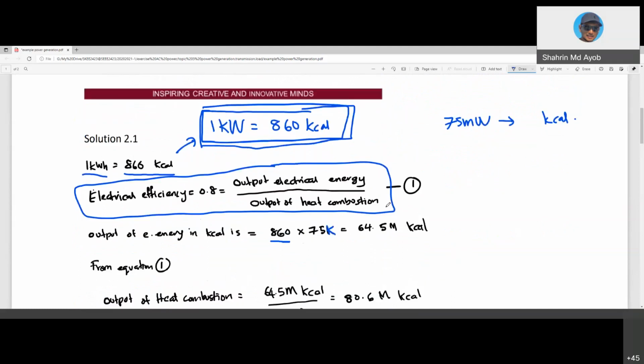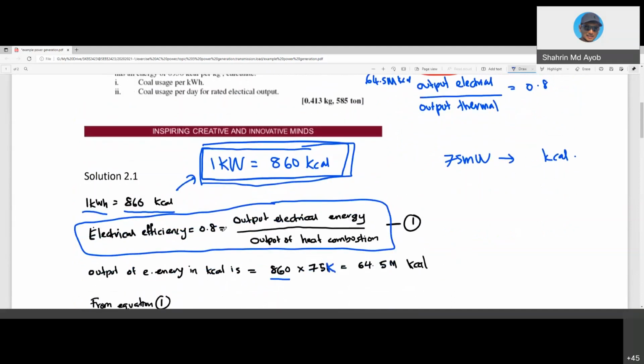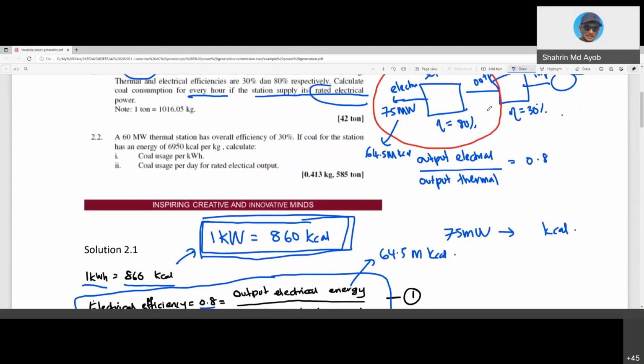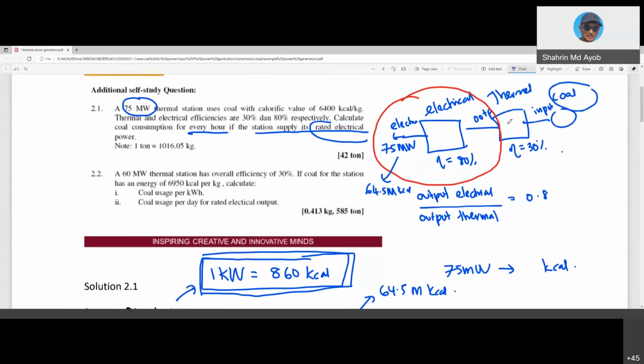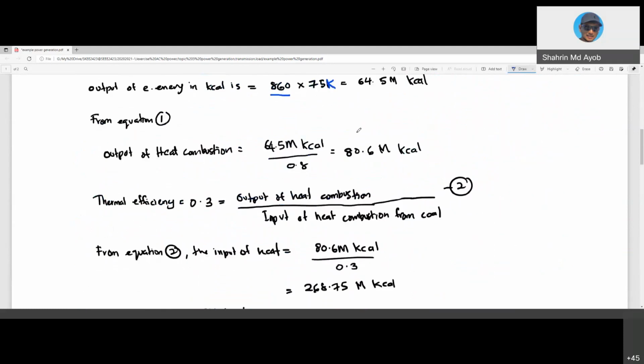Then from that, we use these equations. Okay, 0.8 is equal to output electrical energy, which we have already calculated, 64.5 mega calorie. Then we got 0.8. Then from that we can obtain what is the output from the heat, the thermal conversion here. Okay, so the output from the thermal conversion is around 80.6 mega calorie.